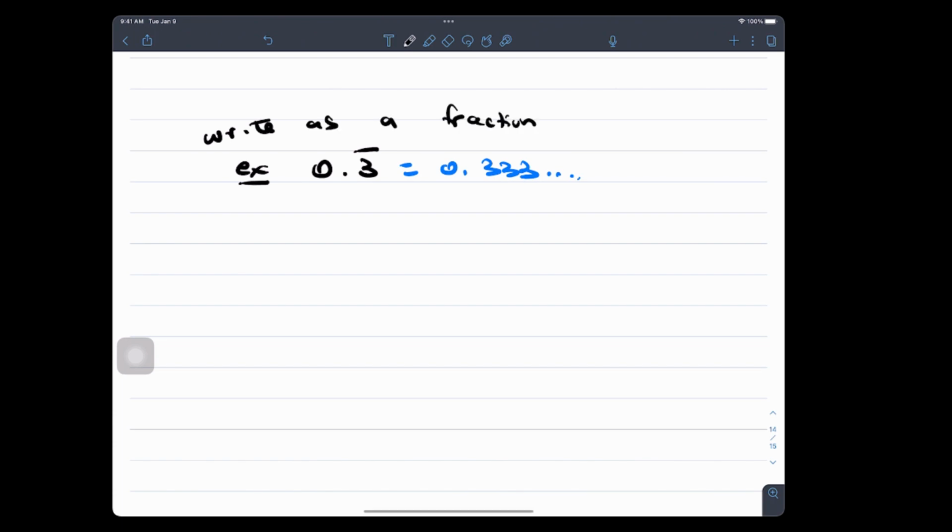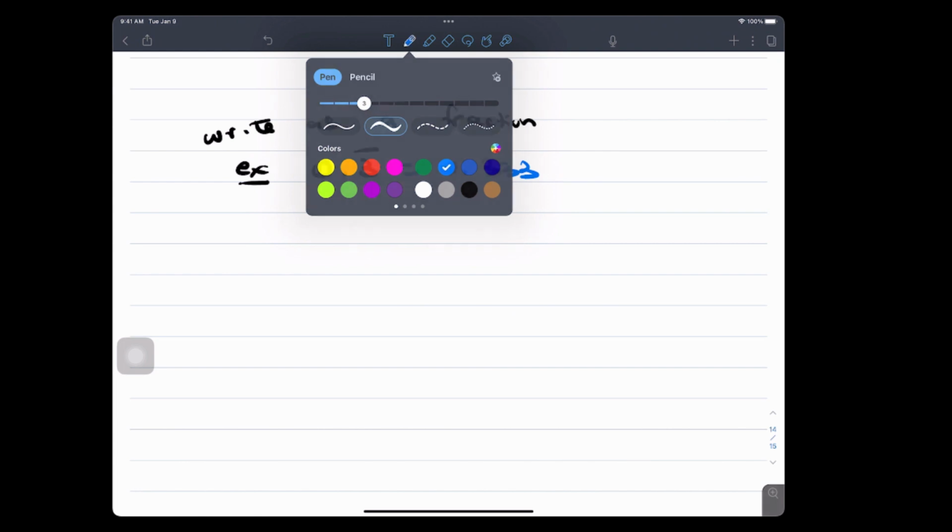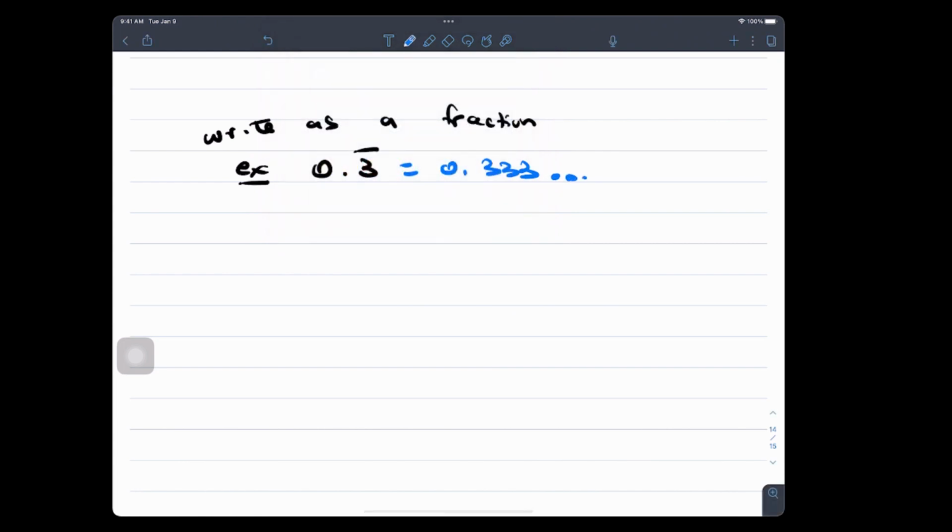Fraction. And this is a non-terminating decimal. Non-terminating, never ends. That's what non-terminating means. So, write this as a sum. As an infinite sum, because that's what it is. You're looking at an infinite sum.